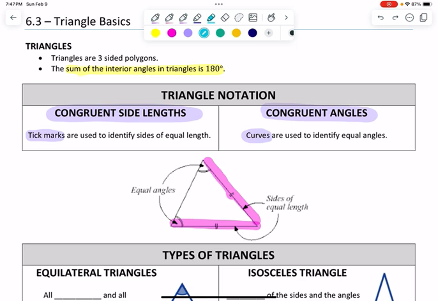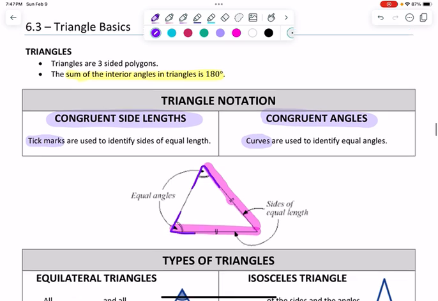When I'm talking about angles, I also have two congruent angles, this one and this one that I've outlined in purple, because again I have equal markings on both. That third angle is not equal because I don't have any of those equal markings on it.